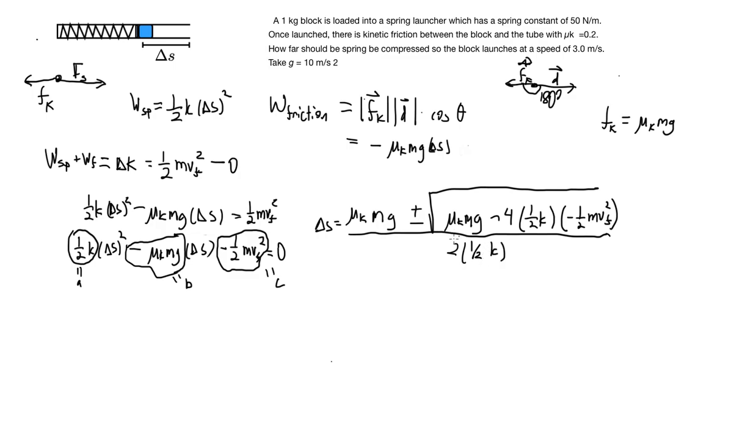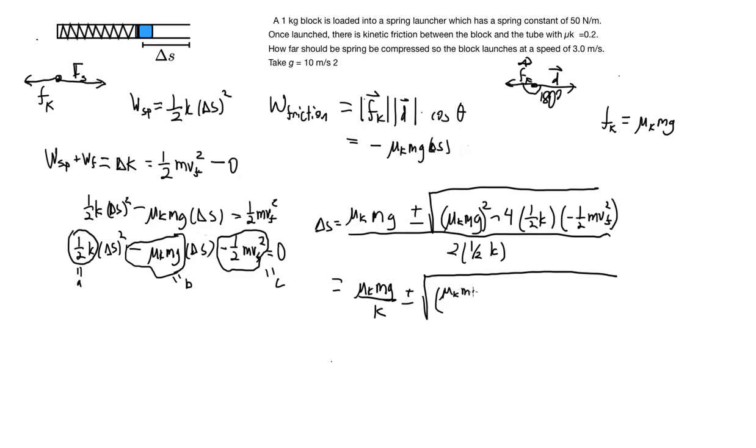Now I'm going to multiply the 2 times a half, which gives me a 1, and I have a k. I'm going to stick that k under this first term. So this is equal to minus mu k mg all over k plus or minus the square root of, and if I put the k in the radical, it has to be squared. Then we bring in the radical squared, and I get mu k mg over k quantity squared.